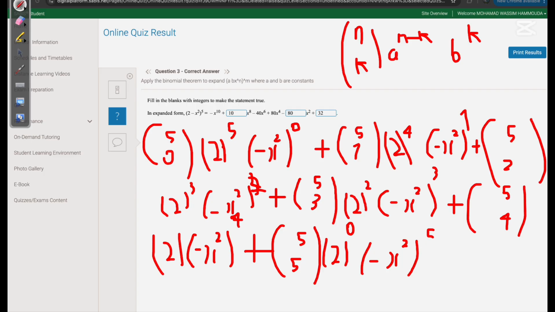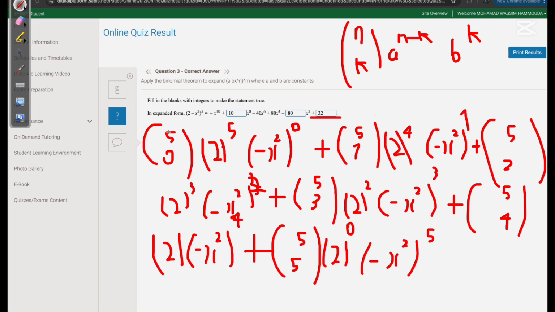Now let's start eliminating what they don't want. So from right to left we're gonna start from 0, because when 32 is here, there is no x, which means the power of x is 0, which means 5c0.